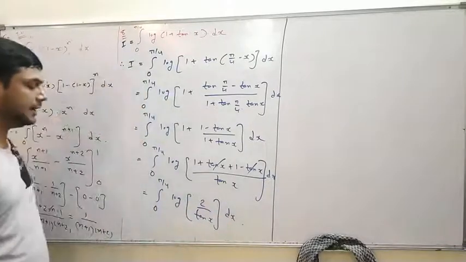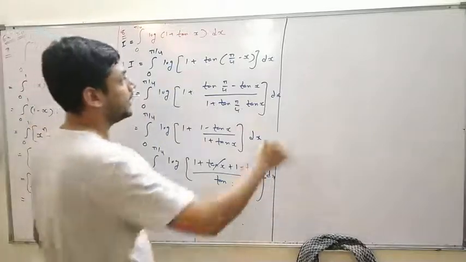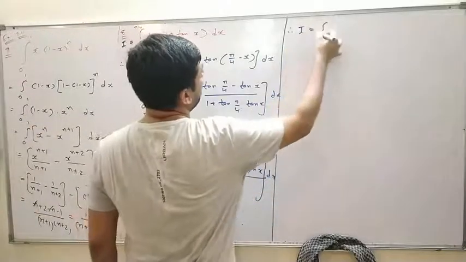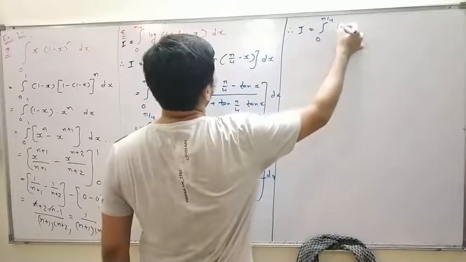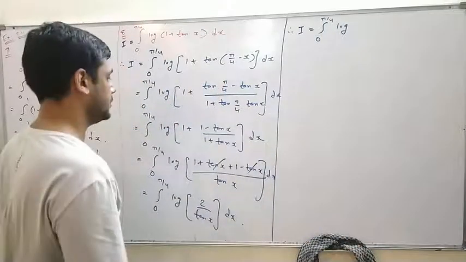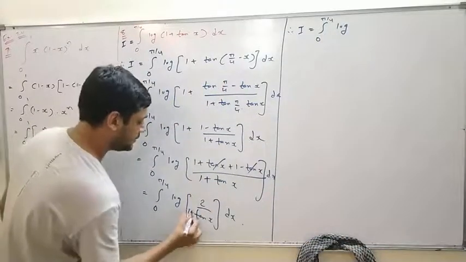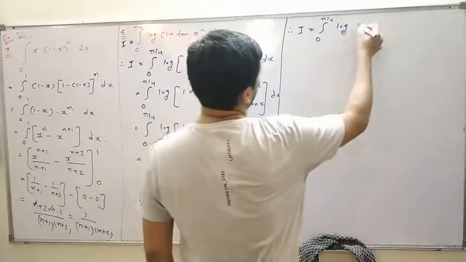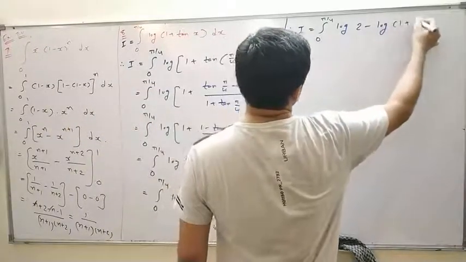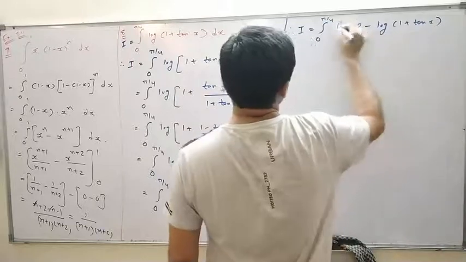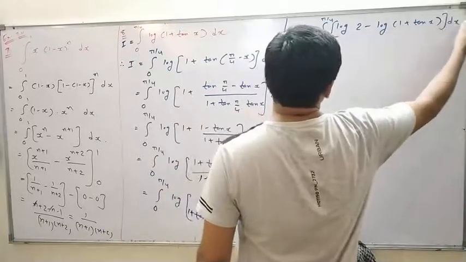You know that in a logarithm, if it is division, then you can write it as a subtraction. So that is log 2 minus log of (1 plus tan x) dx. That is equation number 2.